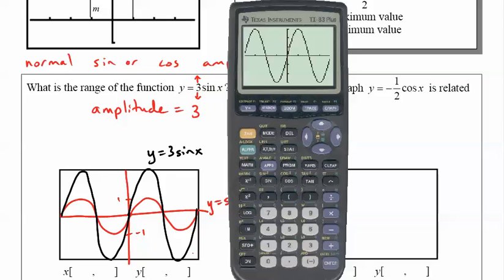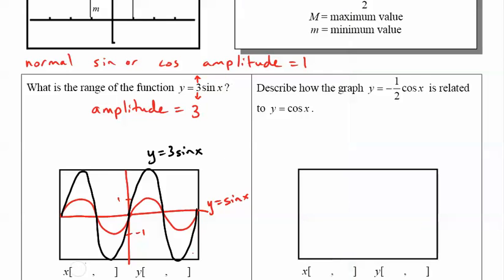And there's another application of sines. So this is going from negative 2 pi to 2 pi and from negative 3 to 3. So looking at the second graph, do you know what the amplitude of this graph is?